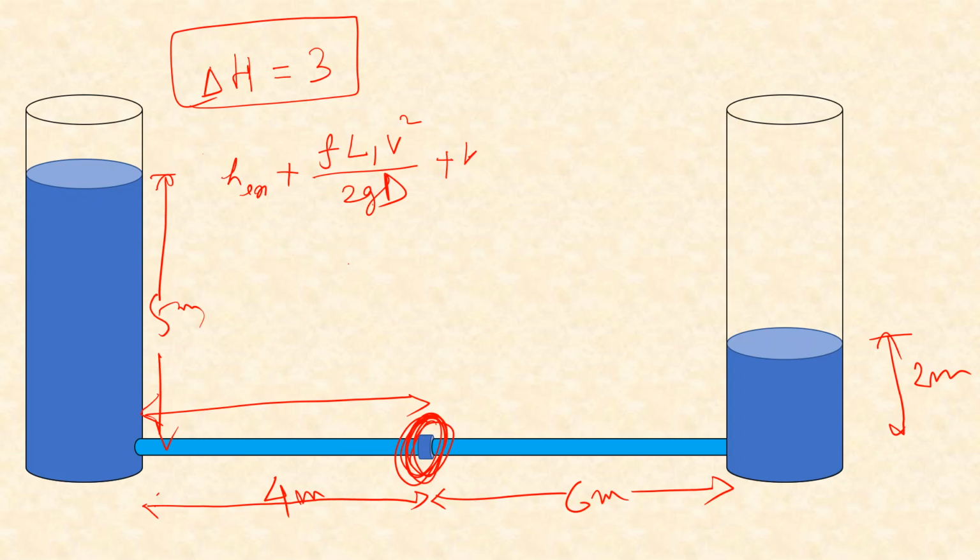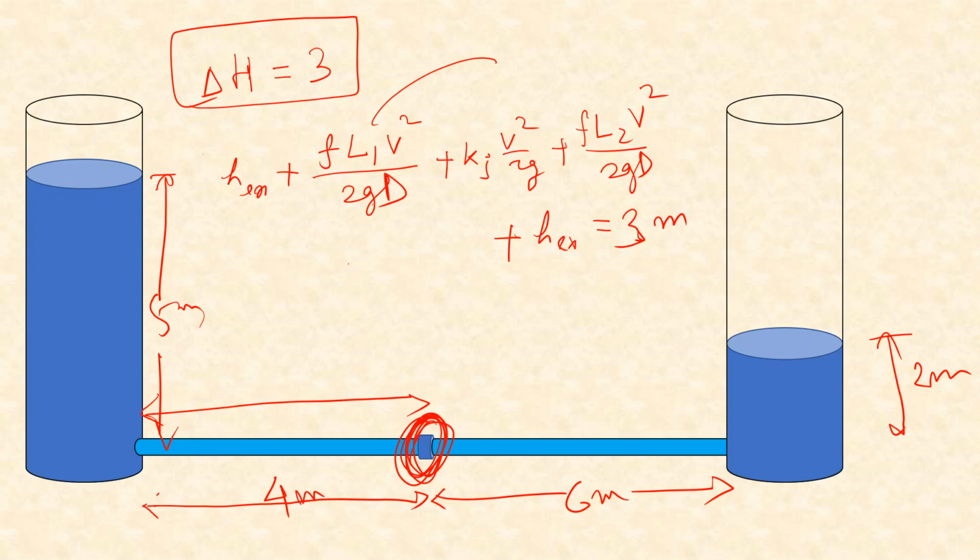That will be K, that's some coefficient Kj into V square by 2G plus F into L2 V square by 2G D plus the exit loss, which is HEX, should be equal to 3 meter.